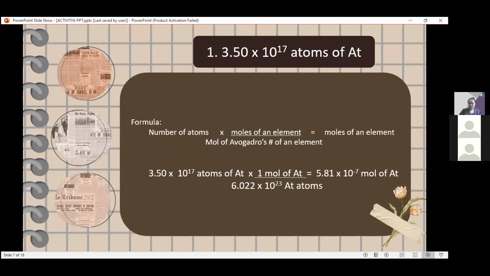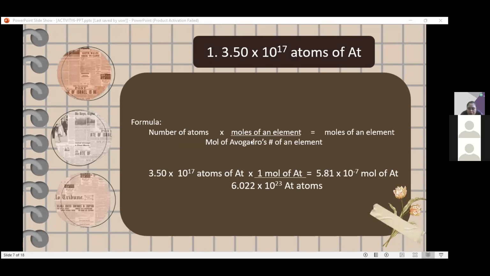Pero baliktad siya, the Avogadro's number will be placed sa baba for us to cancel the unit. So this one is correct. 3.50 times 10 raised to the power of 17. Let me check. Times 1 mole divided by 6.